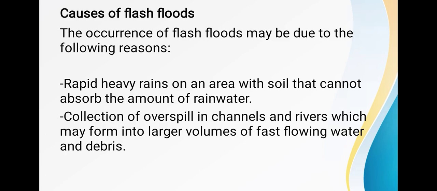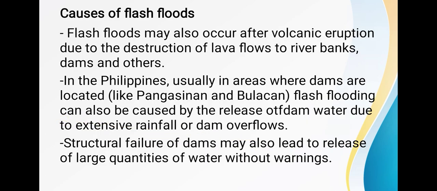Of course, if there is an excessive collection of water in a specific area, there will come a time that the area can no longer hold another amount of water, which will cause flash flood.